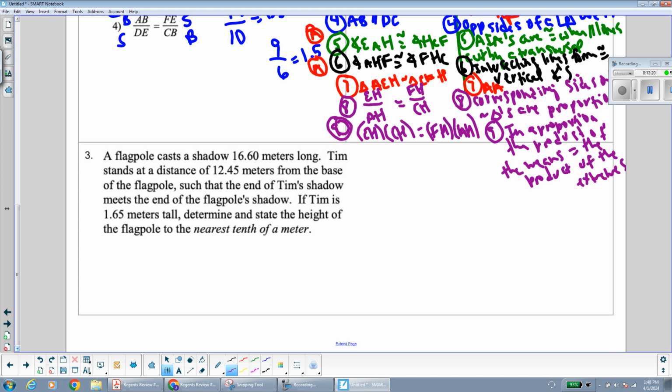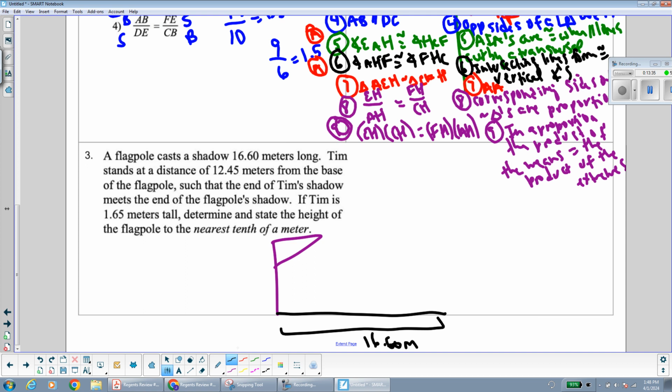In number 3, we have a flagpole that casts a shadow. So here's my flagpole. Shadows are on the ground, so here's the shadow. And the shadow is 16.60 meters long. Tim is standing 12.45 meters from the base of the flagpole, and this is where Tim is standing.